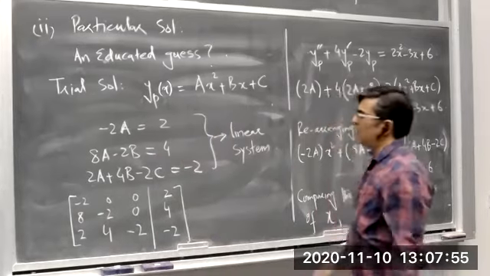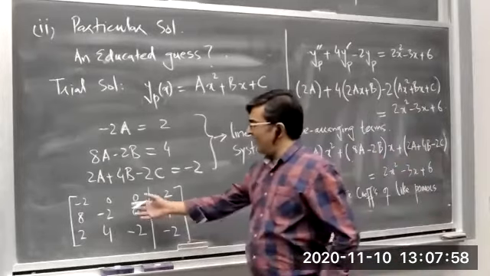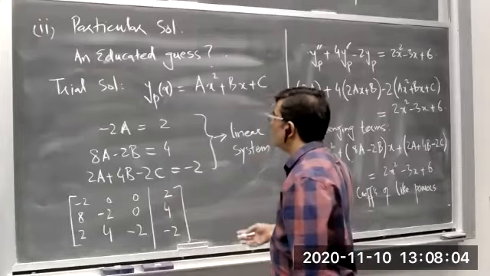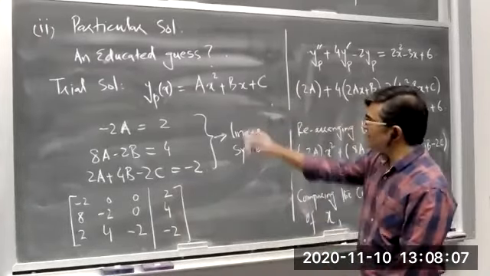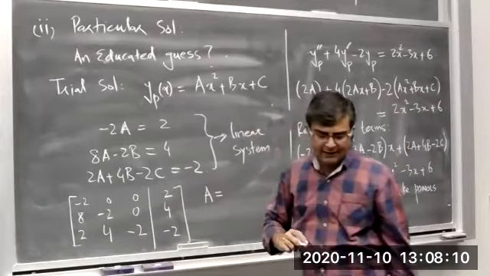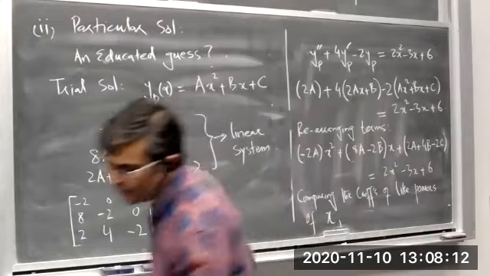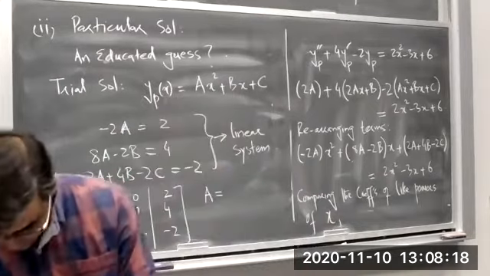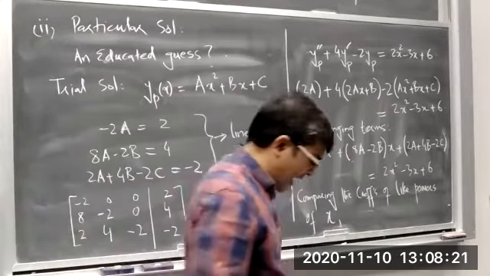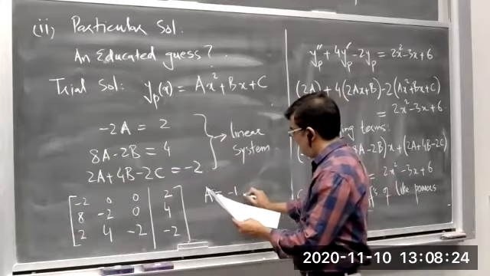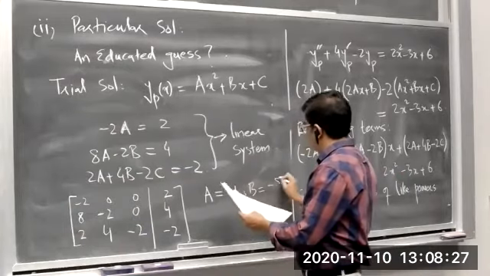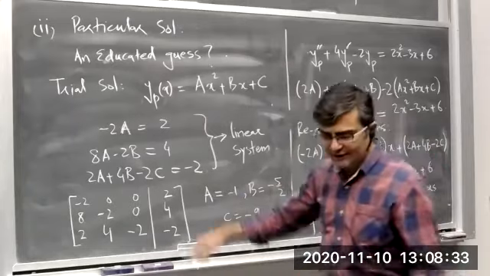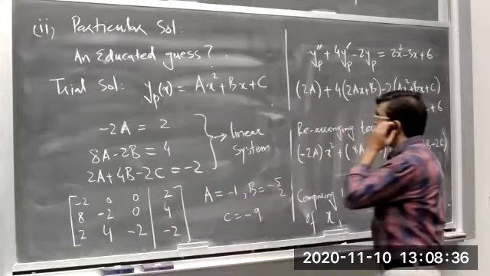So this is the corresponding augmented matrix, and by reducing this linear system into echelon form or reduced echelon form, we can find the values of these constants, and I hope you can find these values, which I'm going to give you directly. The values are a is equal to -1, b is equal to -5/2, and c is equal to -9. So after solving this linear system, we can obtain these values.